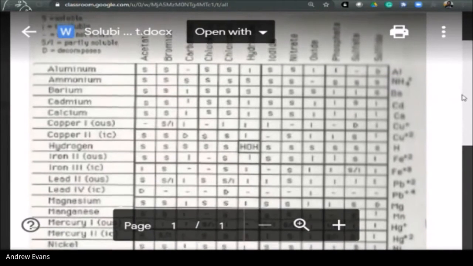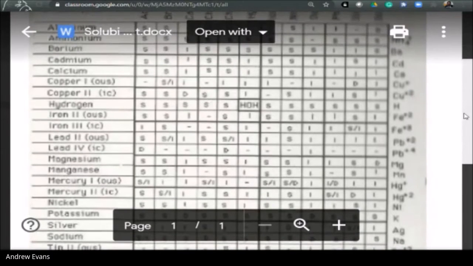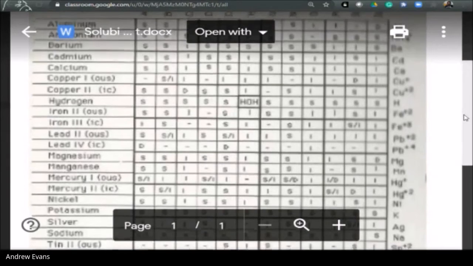If I gave you copper 1, it turns out to be insoluble. If I gave you lead 2, lead was one of the situations that is insoluble.